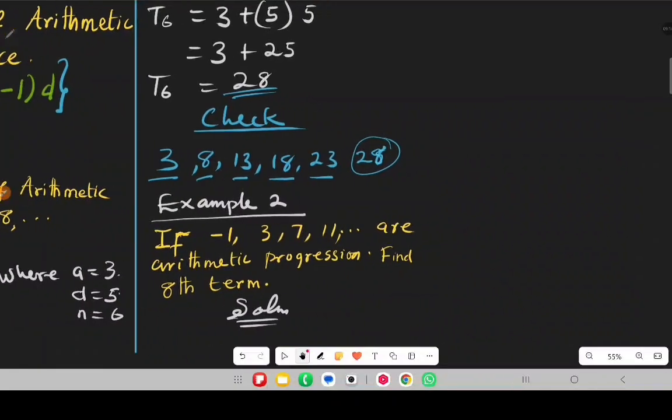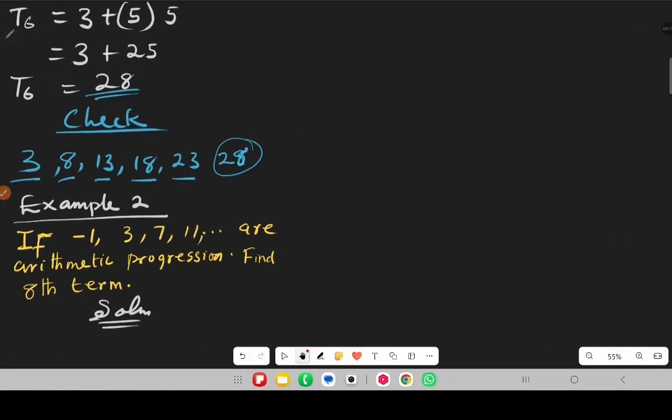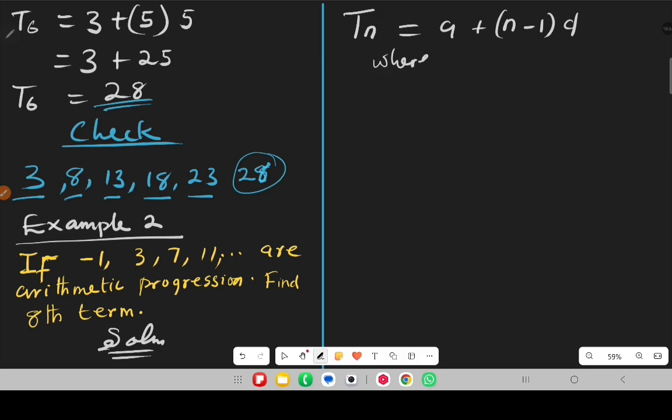We still write the formula of the nth term, which is Tn equals a plus (n minus 1) times d, where a equals minus 1 as the first term, then d is equal to 3 minus minus 1 gives us 4, 7 minus 3 gives us 4, 11 minus 7 gives us 4, where the common difference becomes 4, and n is equal to the eighth term, which is 8.